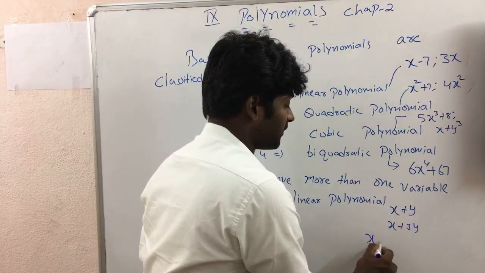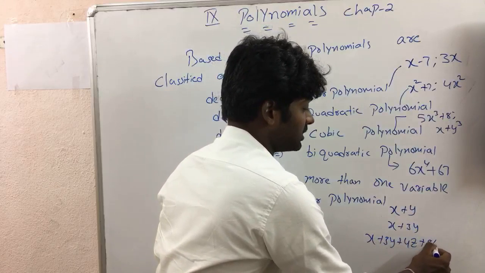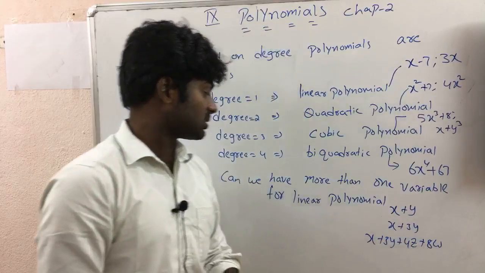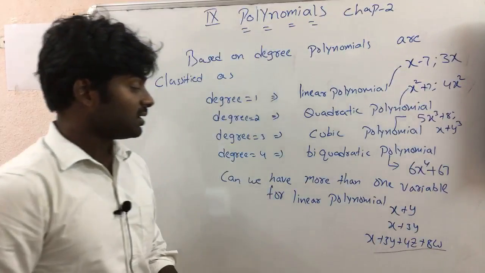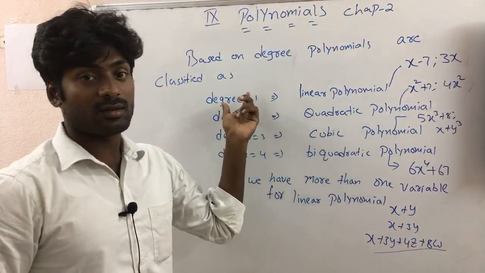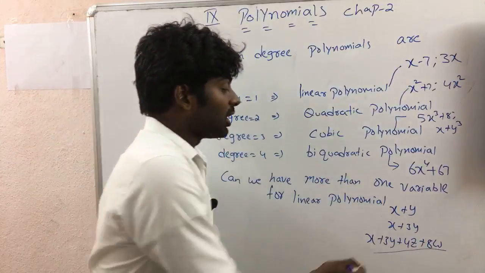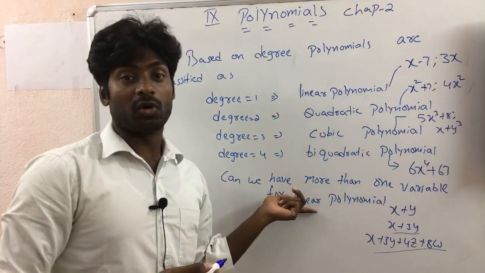You can even take x plus 3y plus 4z plus 8w. Here we are not worrying about the terms and variables. If the polynomial has degree 1, regardless of the number of variables, it is said to be a linear polynomial.